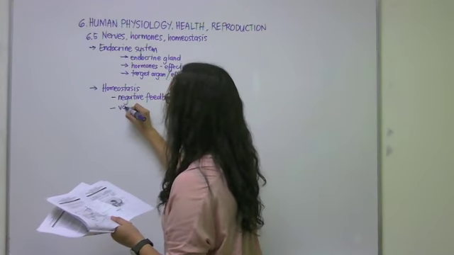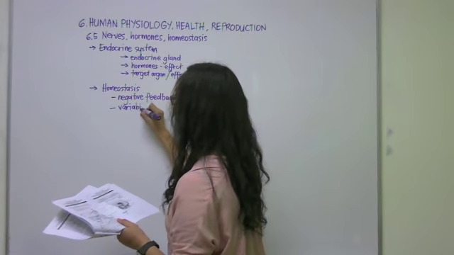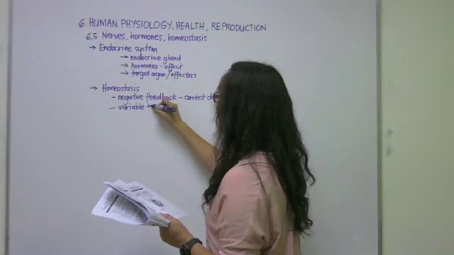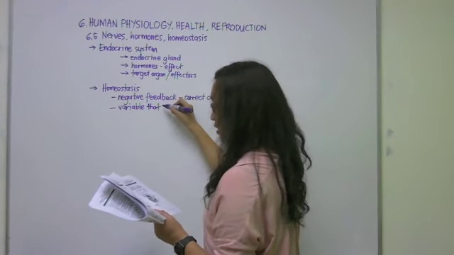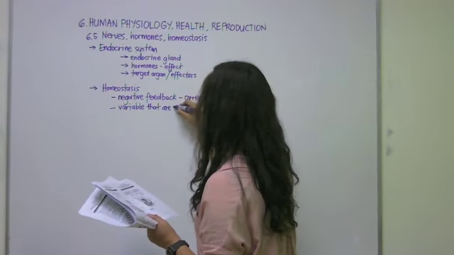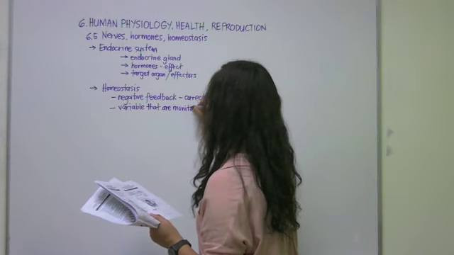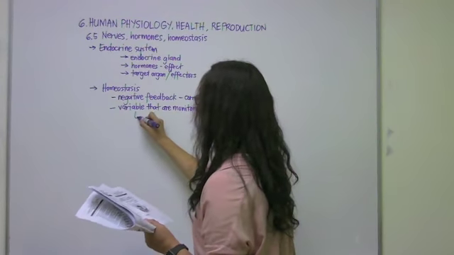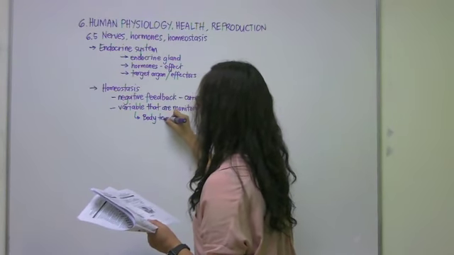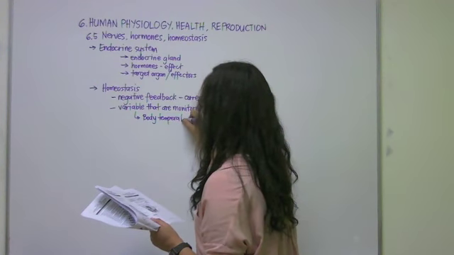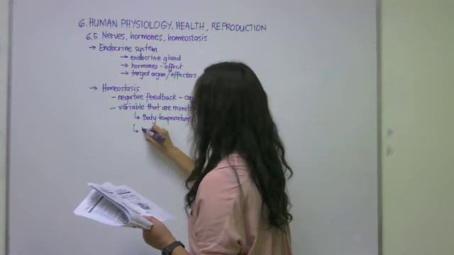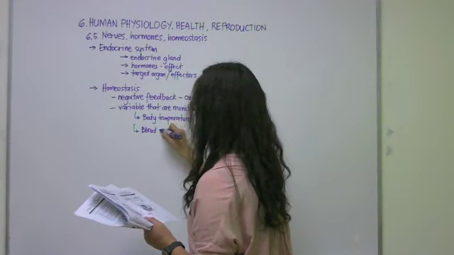So we have to include as well the variables, just like what I said a while ago about thermoregulation and blood glucose concentration. So we have body temperature here, and blood glucose concentration.